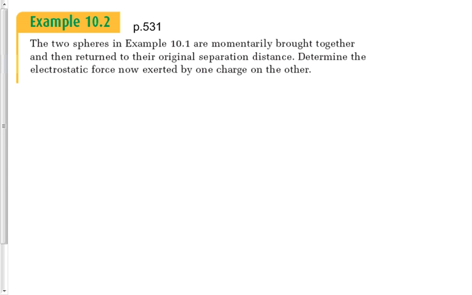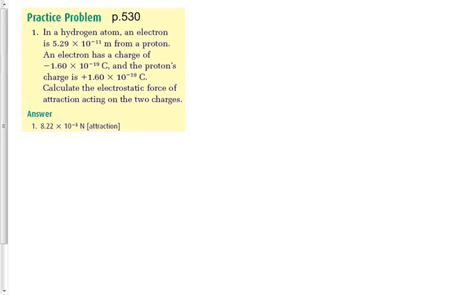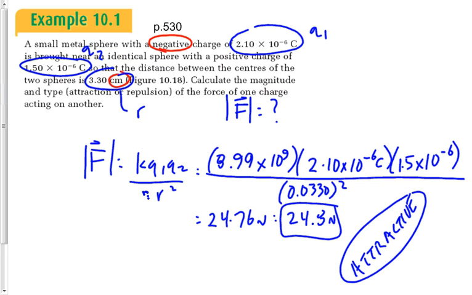They touch together, and what happens when they touch together? They try to balance out, right? So let's assume that they do balance out. Whenever you get a question where they touch together, we have to assume that they do balance out. They started off as, what do we have? Negative 2.1 and positive 1.5.